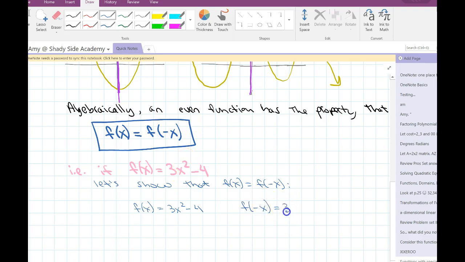This becomes 3 times negative x squared minus 4. But negative x squared just becomes positive x squared. So this becomes 3x squared minus 4. And notice that since f of x and f of negative x are equal, that means f of x is an even function.